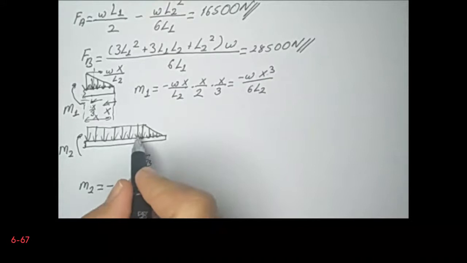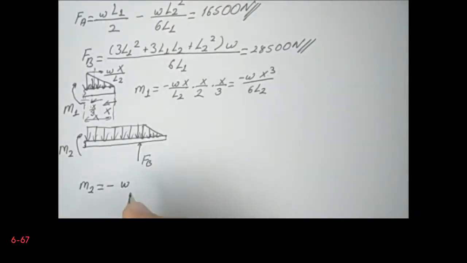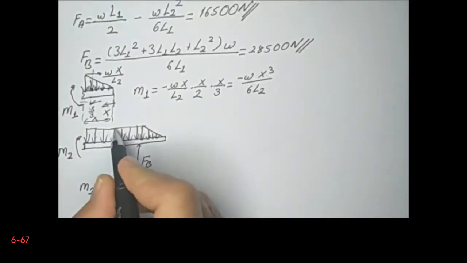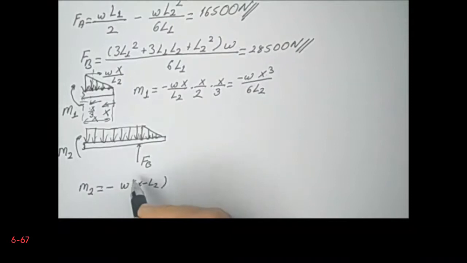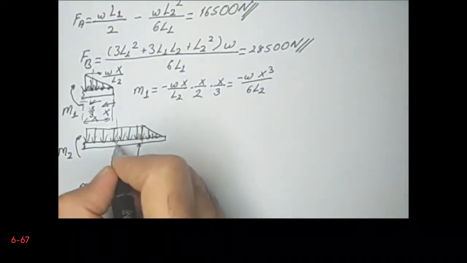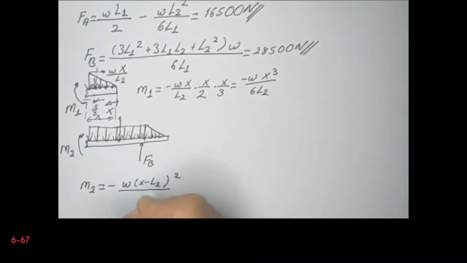First I will calculate the moment of this area, minus W (x minus L2), and then I know that it is at the center, so it is at (x minus L2) divided by 2, because this is the resultant force of this uniform distributed load, so this is (x minus L2) square divided by 2.